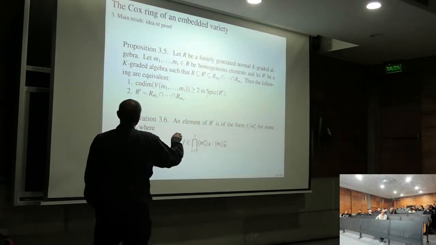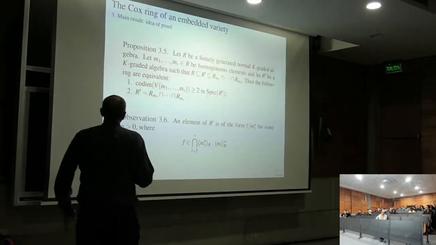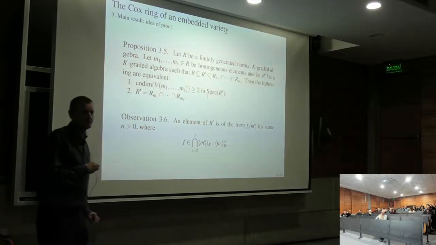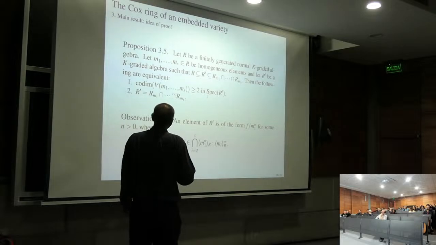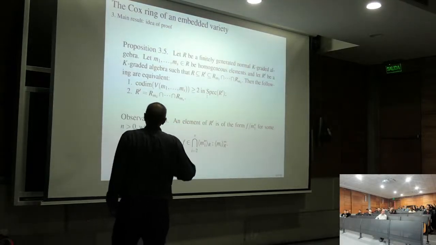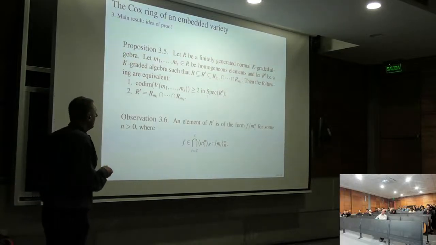These are homogeneous elements of R. They are exactly the same as before. And R prime is a K-graded algebra, which is in between R and the intersection of localizations. Then we want to know when we have an equality here, so that we have the Cox ring. And there are two equivalent conditions.